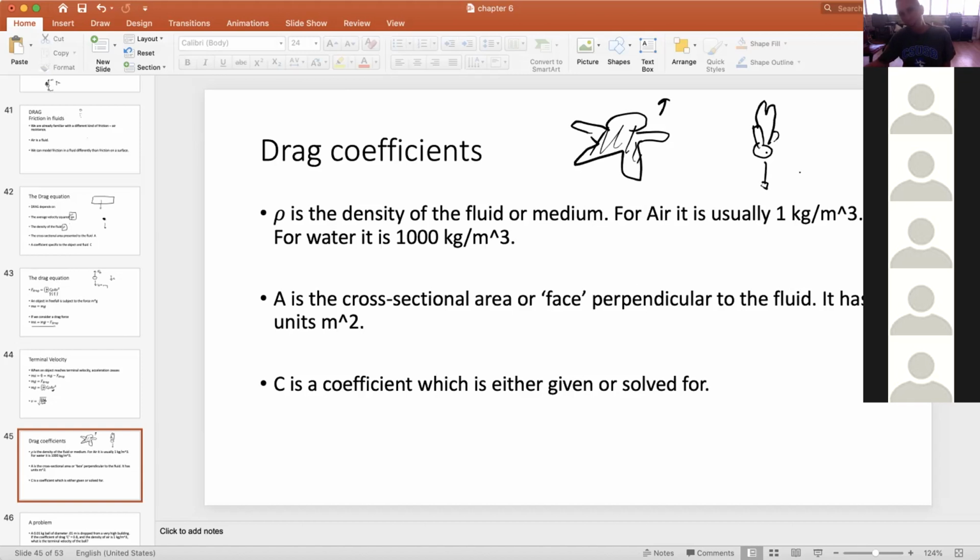This area would just be the front part that faces the material that it's trying to break through, what we call a face. And then finally, C, the coefficient, is usually given or you solve for it. I gave you a drag question in the homework where, knowing the terminal velocities, you have to find the coefficients. It's not too bad, actually.